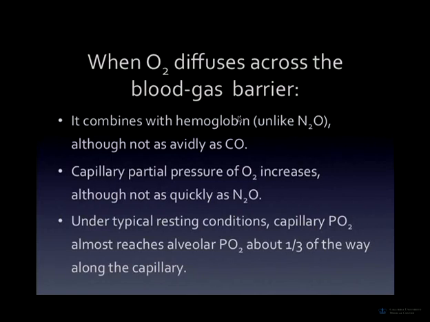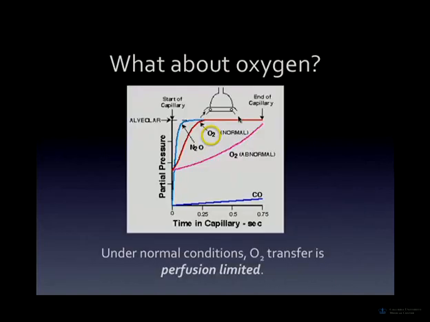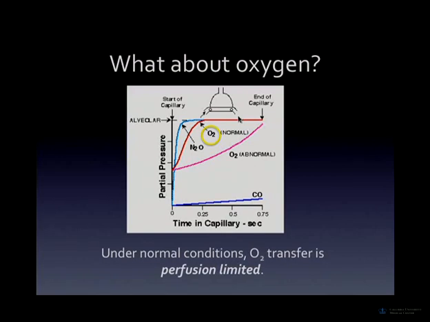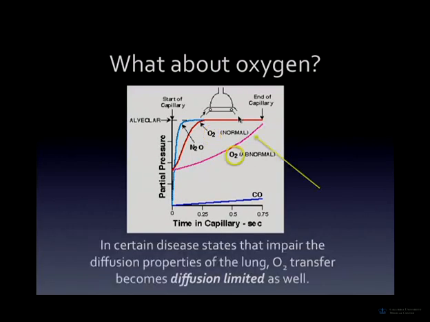It's just not as fast as carbon monoxide. That said, under typical resting conditions, normal lungs, capillary PO2 just about reaches alveolar PO2 just a third of the way across that capillary. So under normal conditions, we say oxygen has a perfusion-limited property.